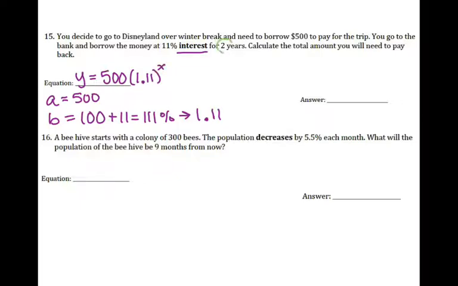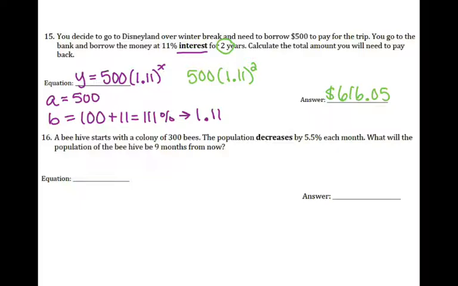And it tells me I am paying for 2 years, so I'm going to go ahead and take 2 and plug it in for x. And let's calculate what that is. So 500 times 1.11 squared gives me $616.05.